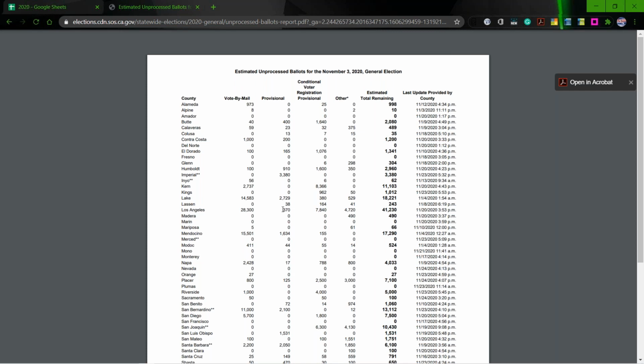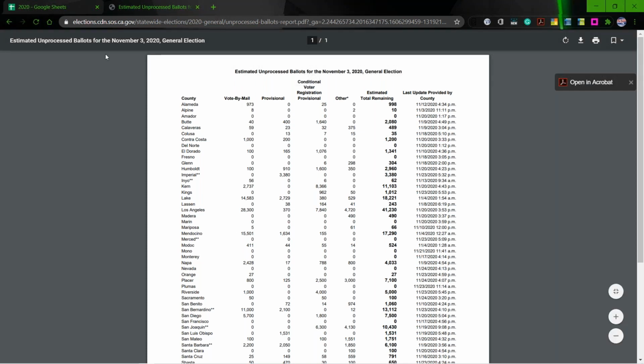Recognizing this, I started recording this information from the unprocessed ballots as well as the county reporting status into a spreadsheet, because I felt that it was important for us to be able to compare those numbers to each other each day in order to determine if there's any funny business going on. So again, these are unprocessed ballots.